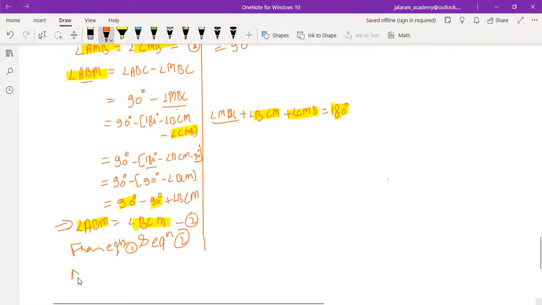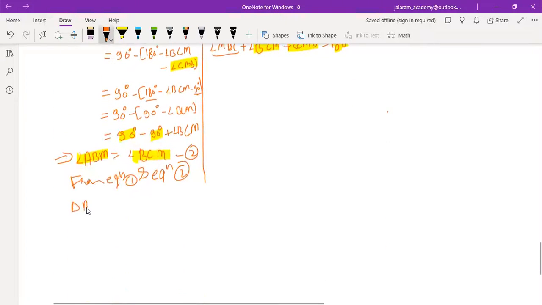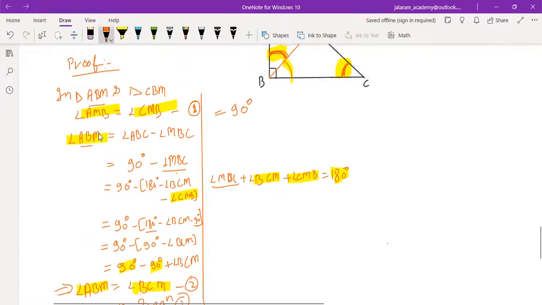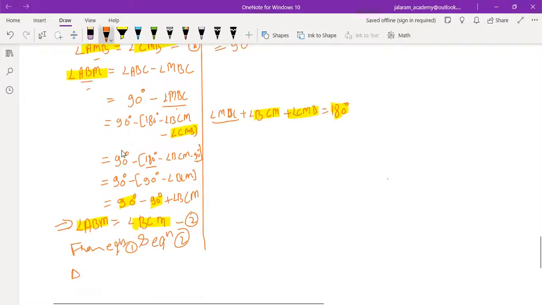So we write triangle ABM. First is M, second is B. If you write them in order, the first angle is written first of all.